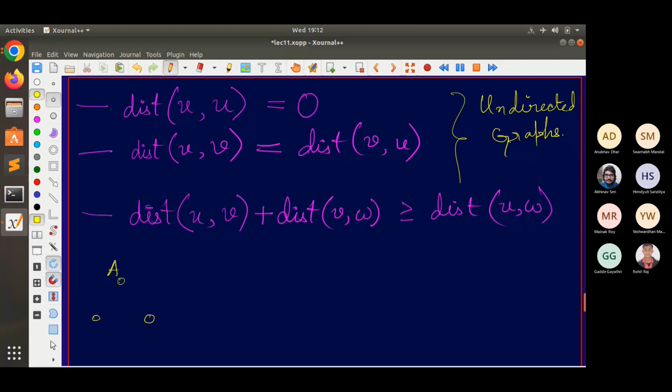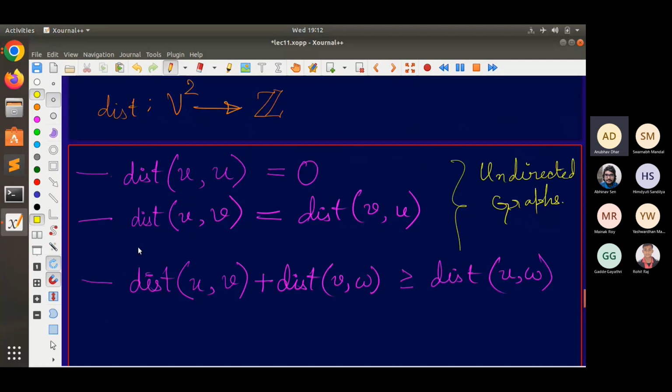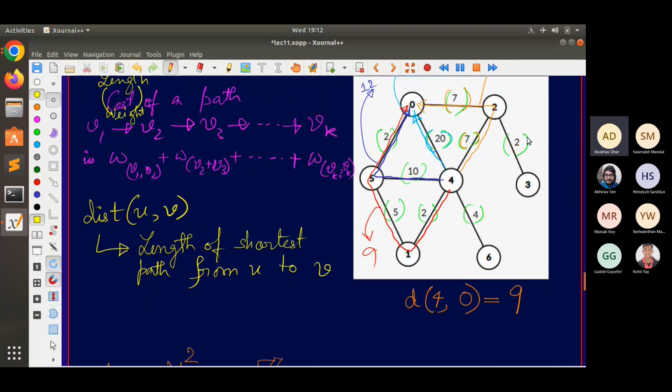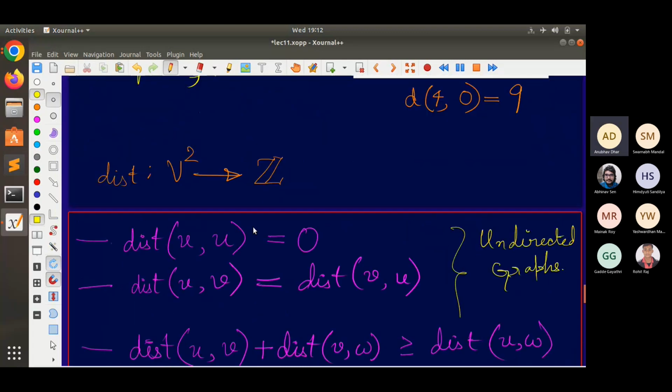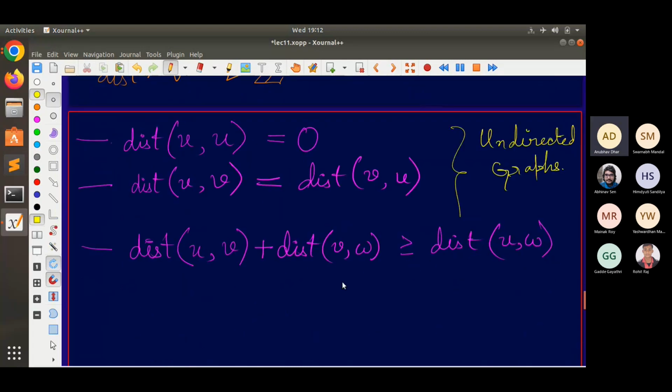You have distance from A to B plus distance from B to C is greater than or equal to the distance from A to C, right? But instead of talking about Euclidean distances, we talk about shortest distances in a graph. That is why we call this a triangle inequality, because this highly resembles the triangle inequality in the Euclidean plane.